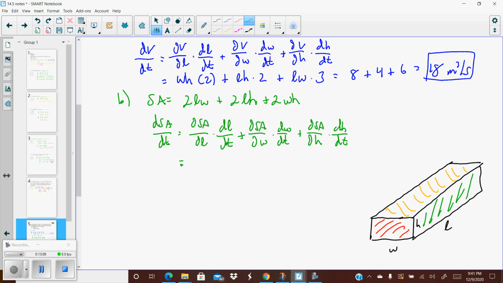All right, let's see what we get. Derivative of the surface area with respect to L is going to be 2w plus 2h. The last term is gone.